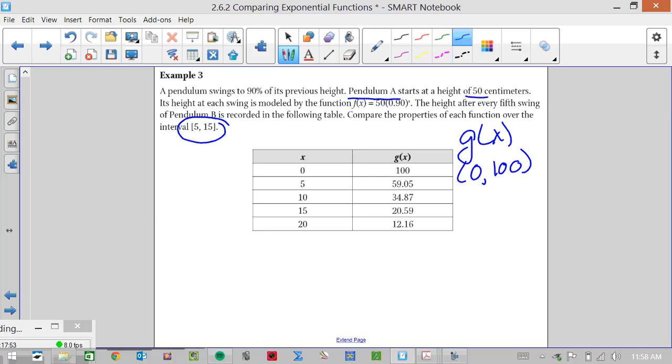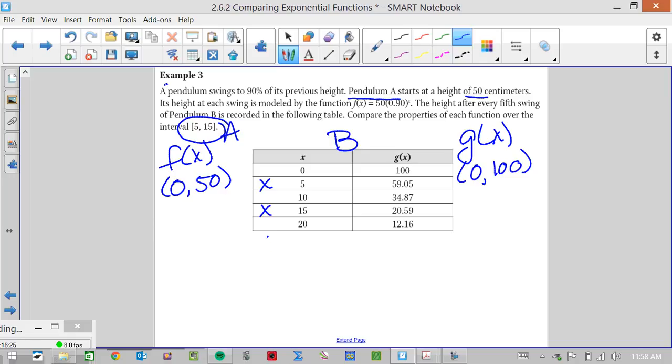So I know for f of x, pendulum A, that's A, the table is B, I start at 0, 50. So that means I already know that pendulum B has a higher y-intercept. The next thing we need to do is compare these two over the interval of 5, 15. So I need to pick this point and this point.